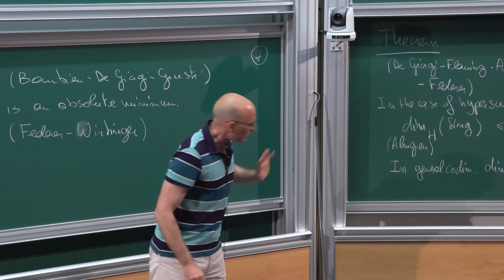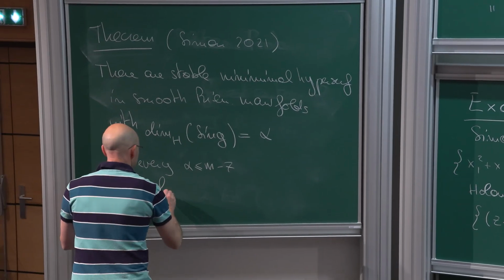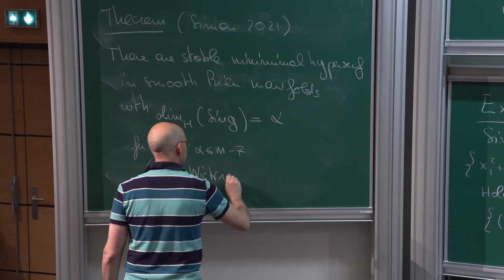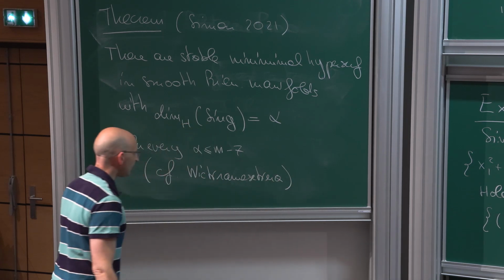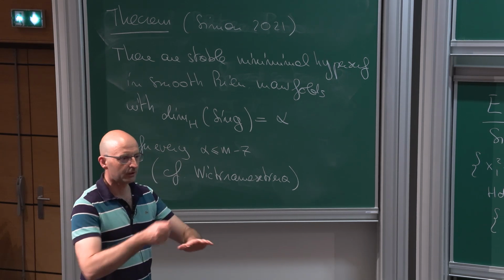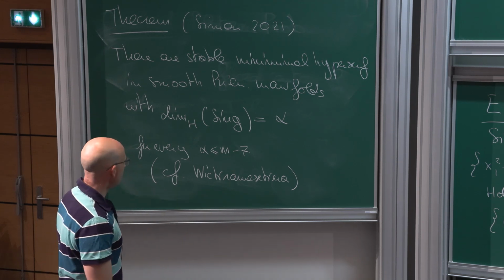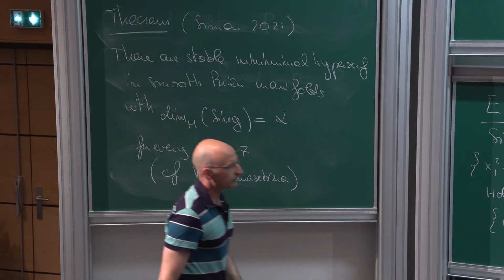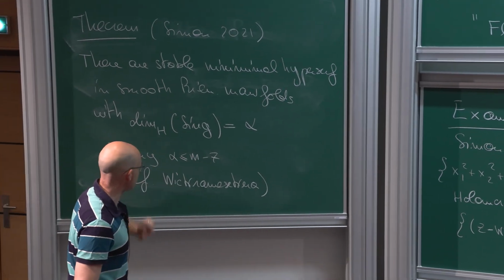In fact, said in this way, it's a deep theorem by Vikramasekera, and only rather recent. So you can create stable minimal surfaces which have codimension 1 singularities by simply taking two nice minimal surfaces and make them self-intersect, which is possible. But as long as you prevent something like that, then you actually go down to the bound that you have over there. And you see that here somehow you're taking an alpha which is less or equal than n minus 7.